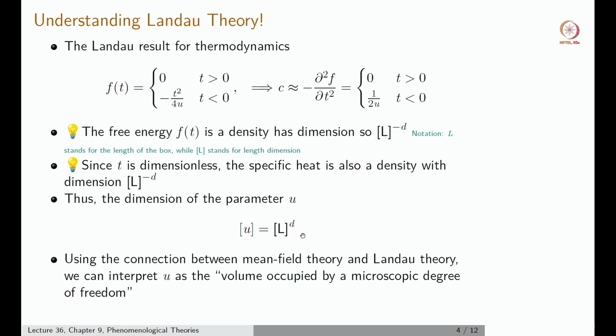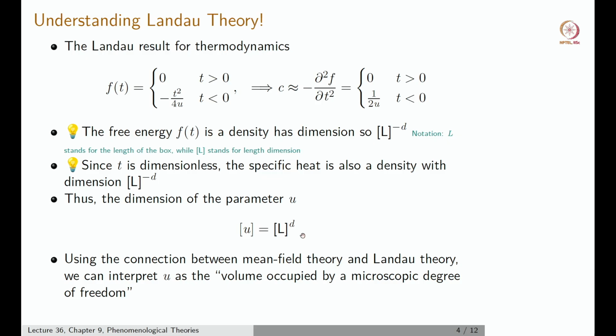Landau theory is a way of phenomenologically doing mean field theory. Now when we did mean field theory, what did we do? We went to a particular site and said that this site is seeing some average magnetic field from other sites, and the problem effectively becomes a problem of isolated spins, each of which is seeing an effective magnetic field coming from other spins.